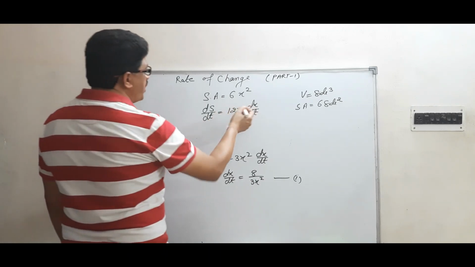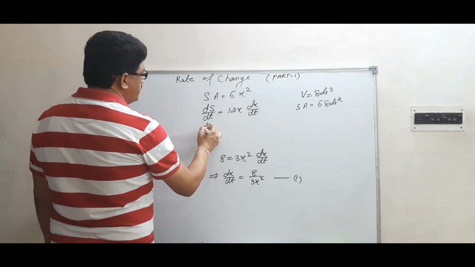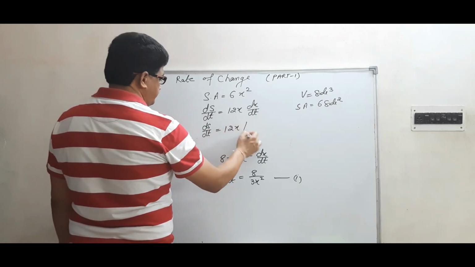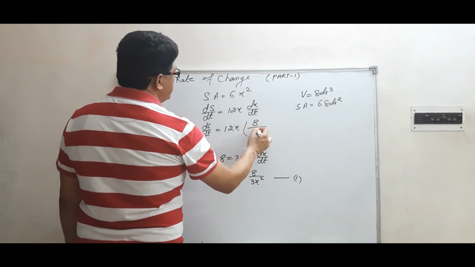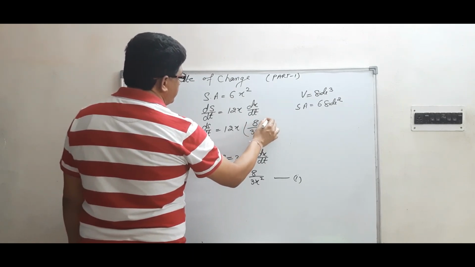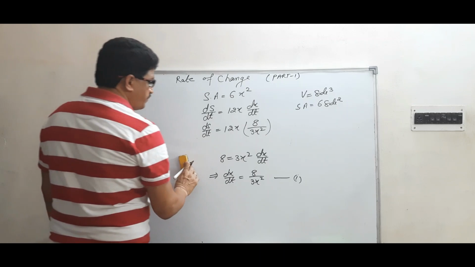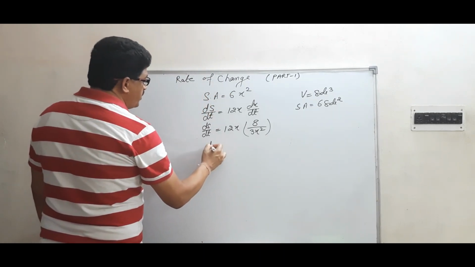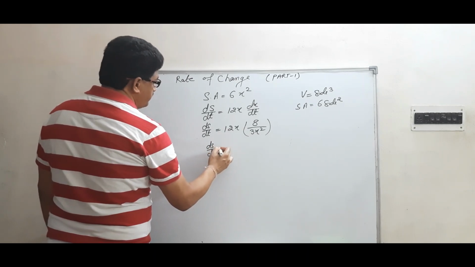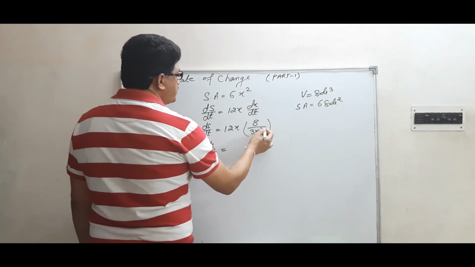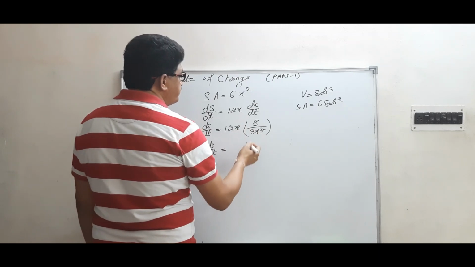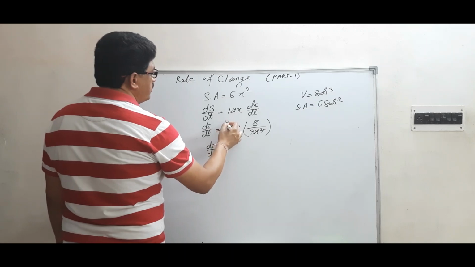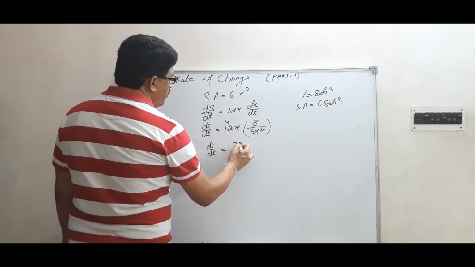And now you can put value of dx by dt. So dS upon dt is 12x into 8 upon 3x square. dS upon dt is equals to, x cancel, 3 into 4 is 12, 32 upon x.